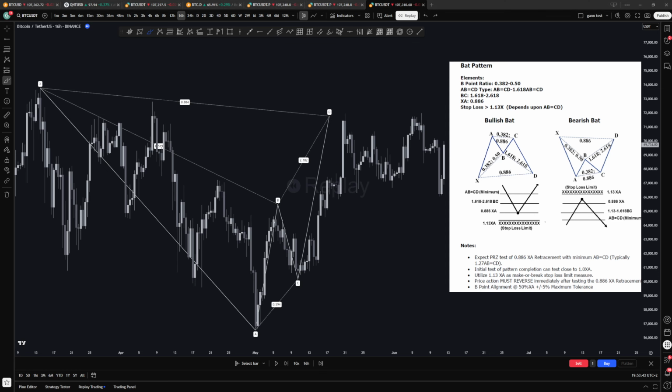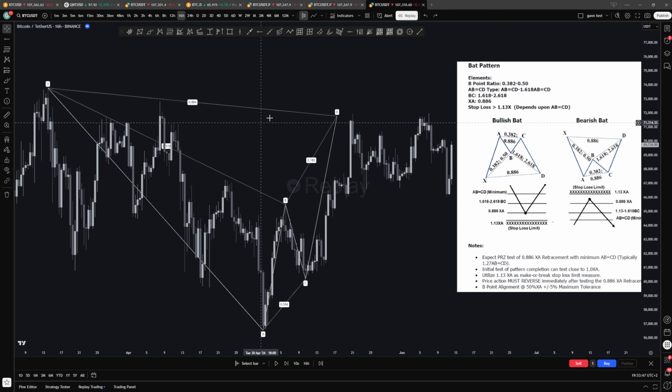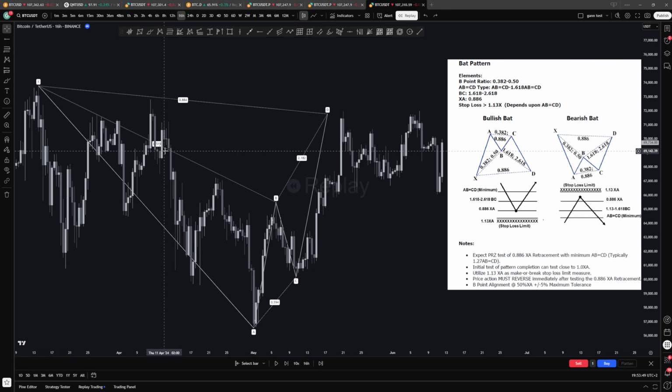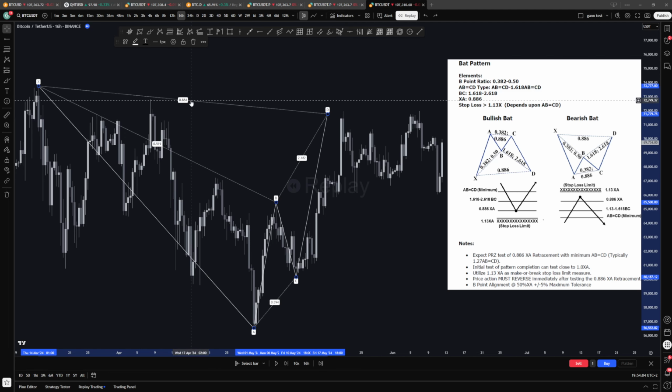Now, if you've ever wondered why there are so many different ratios, that's because of this. For example, this X to B, which is a fib from X to A. We don't use X to B itself for the D point, right? Because that's what we have the 0.886 for.